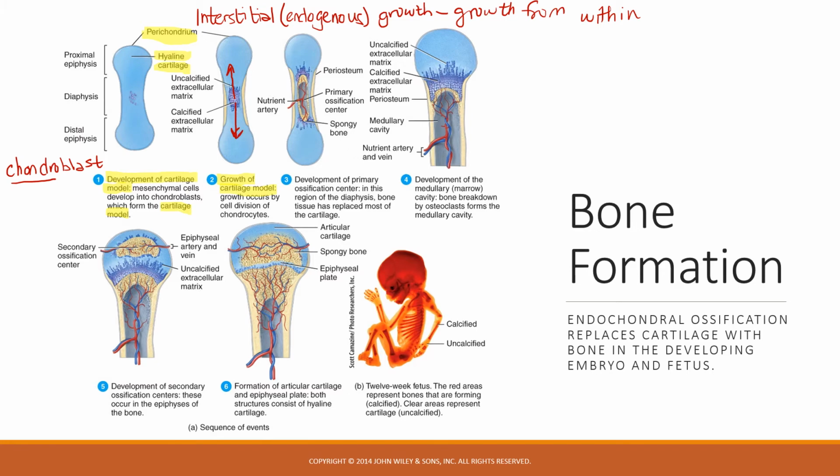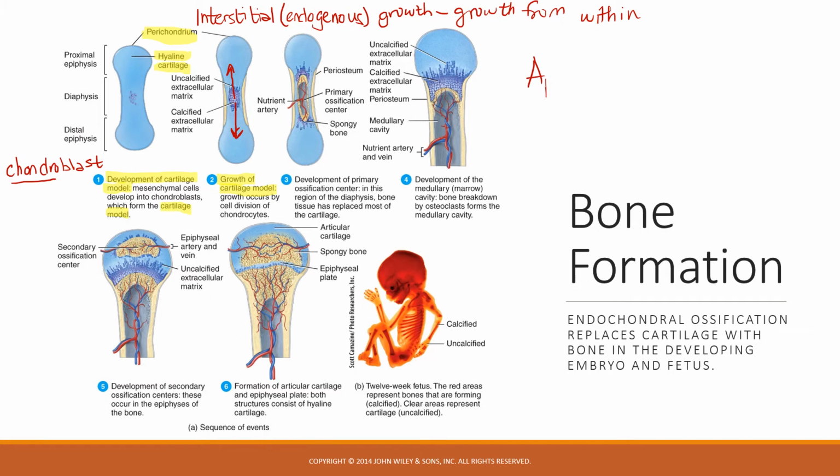Now, in contrast, growth of the cartilage model in thickness is due mainly to the addition of extracellular matrix from chondroblasts that develop from the perichondrium. So this is a different process.